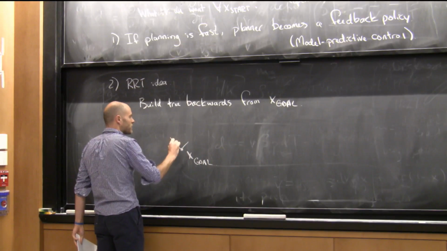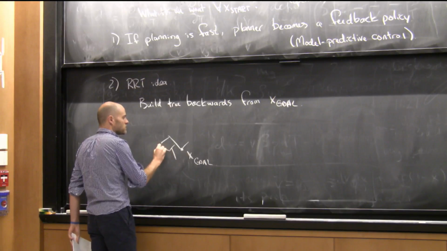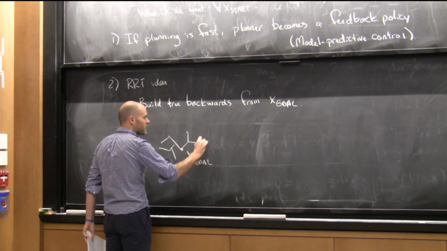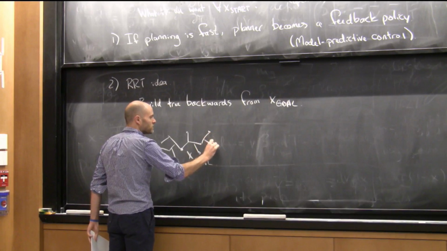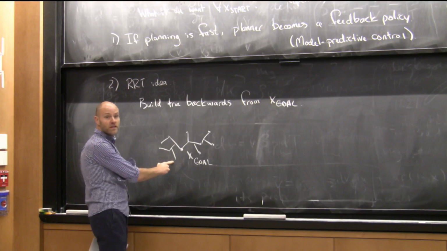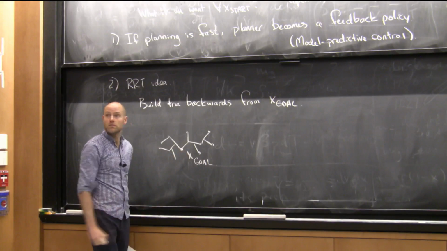As we start growing our tree by picking random samples and extending towards those samples, right, we will have effectively been computing plans for more and more possible initial conditions, right? Every one of these nodes is an initial condition for which we already have a plan computed that will get me back to the goal.